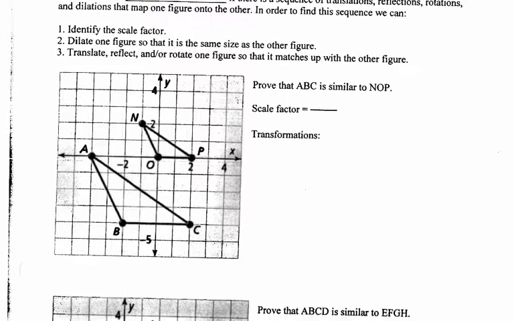We are going to prove that ABC is similar to NOP. So I'm going to call NOP the original and ABC the image. To find the scale factor, I find the length of one of the sides of the image and divide it by the length of the side of the pre-image.